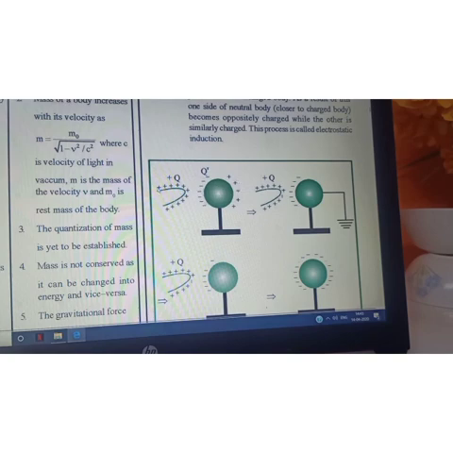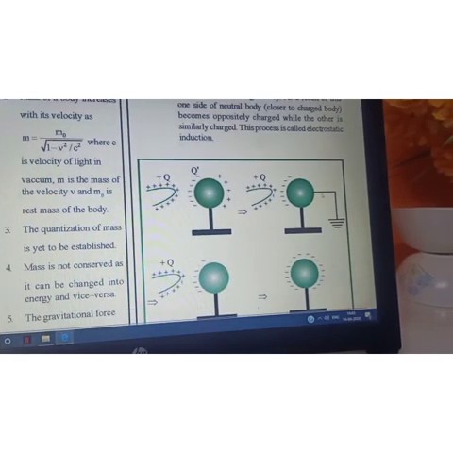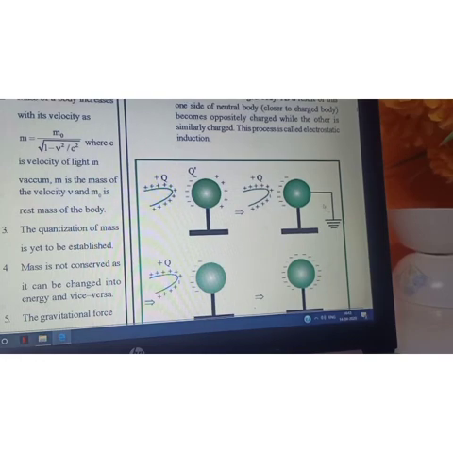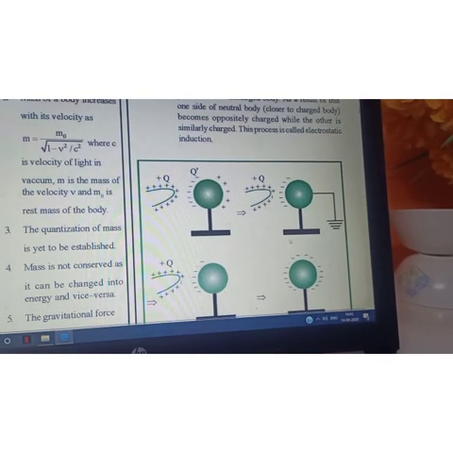The positively charged body attracts the negative charges, which are called bound charge, and the charge away from the charged body is called free charge. If we earth this one, the free charge flows away, but the bound charge stays, so the sphere is negatively charged.